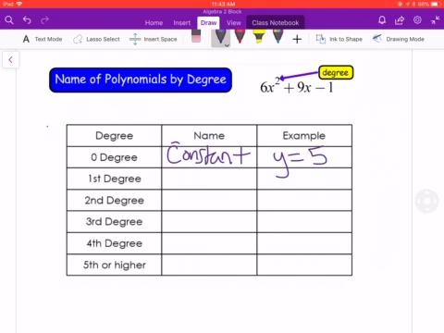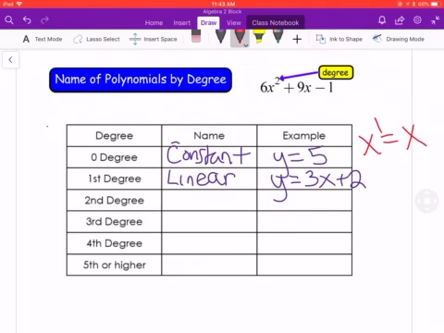First degree polynomials, those you're familiar with, are called linear. They make a line, like y equals 3x or 3x plus 2. The highest exponent here is a 1. Remember, x to the first we just write as x, but the exponent is implied to be a 1.